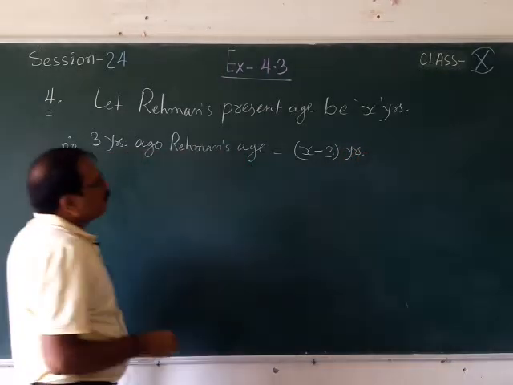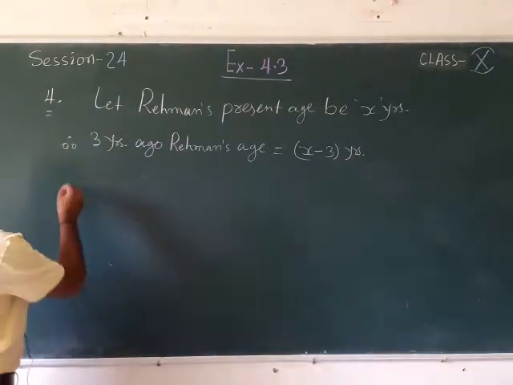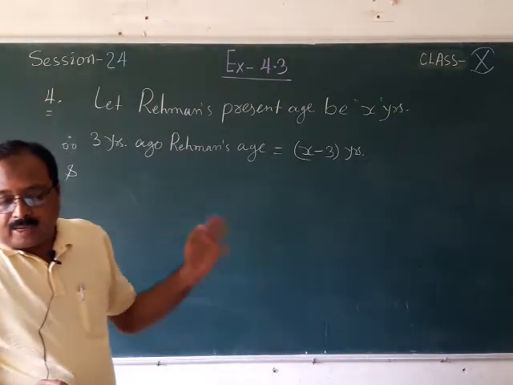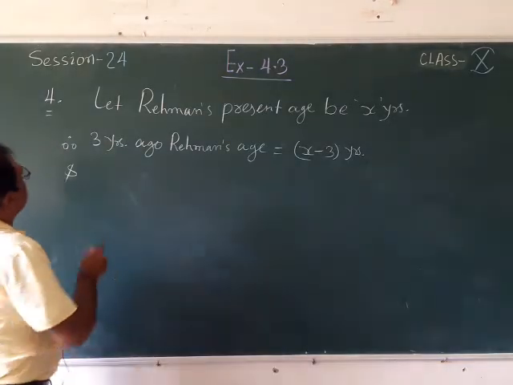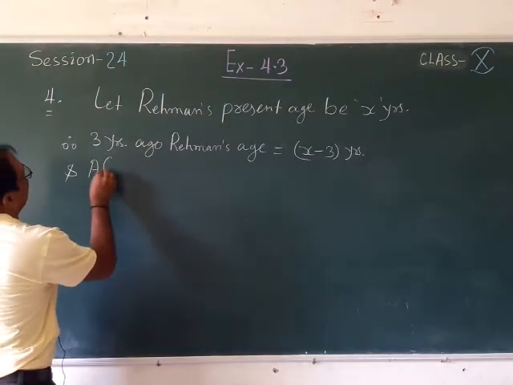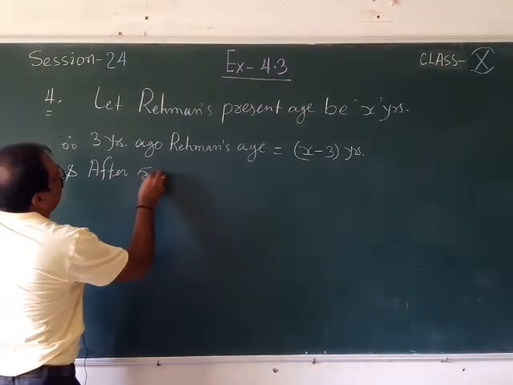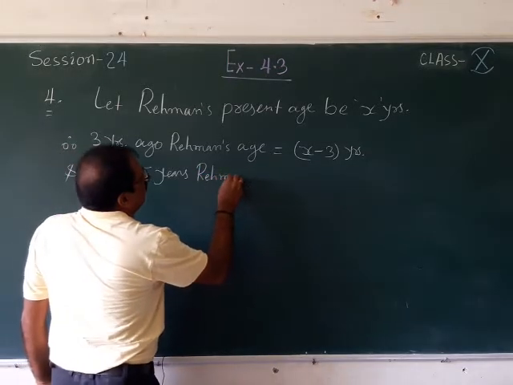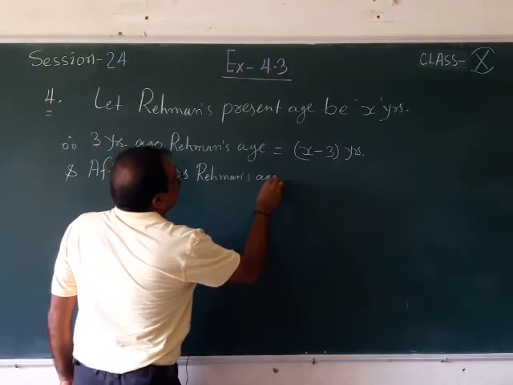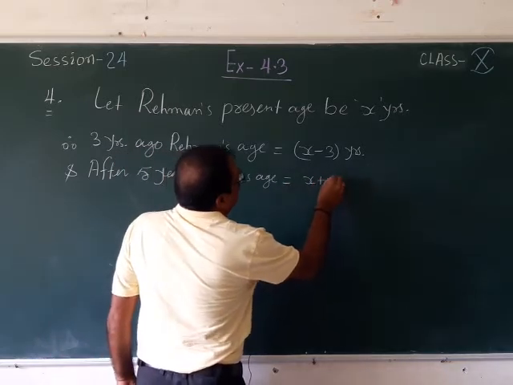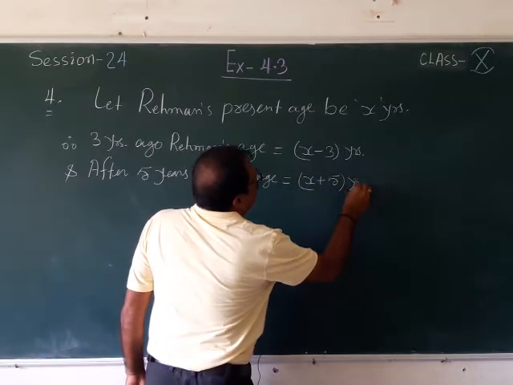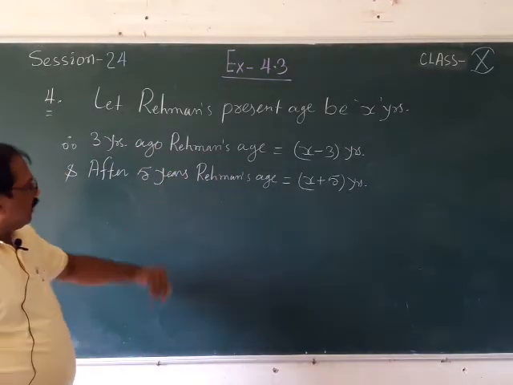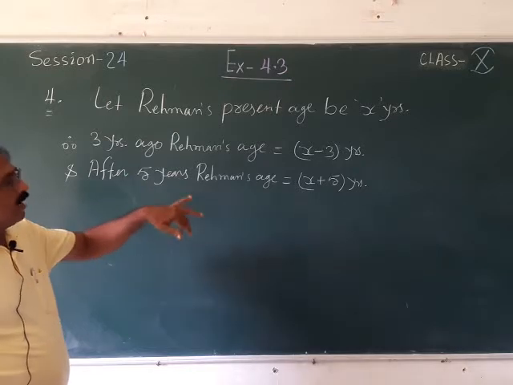This is Rahman's age 3 years ago, and then we need to find 5 years from now. That means after 5 years, Rahman's age will be x plus 5 years. So 3 years ago Rahman's age is x minus 3 years, and after 5 years it will be x plus 5 years.